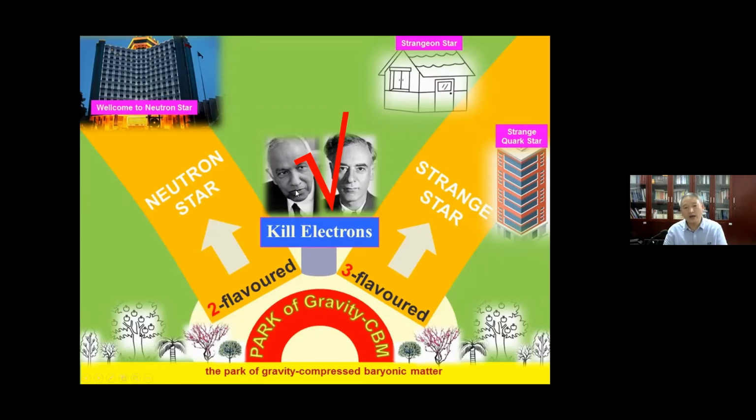So the electron pressure is limited. If the gravity is so high, that means the mass of the star is higher than the limit, then electron pressure cannot stand against the gravity.